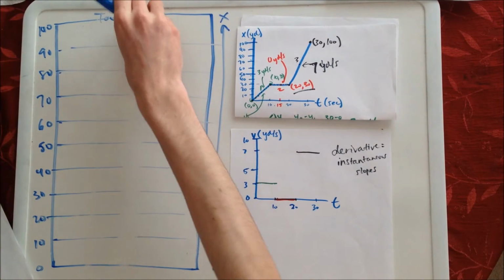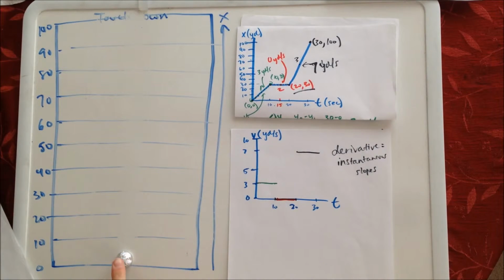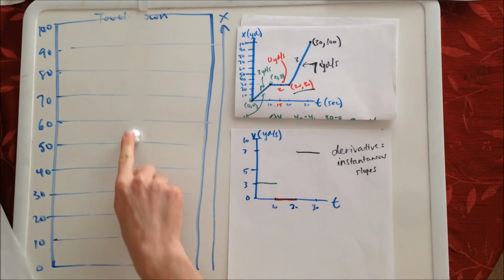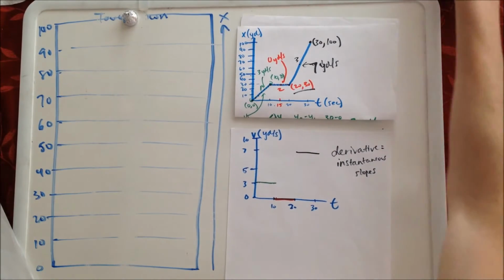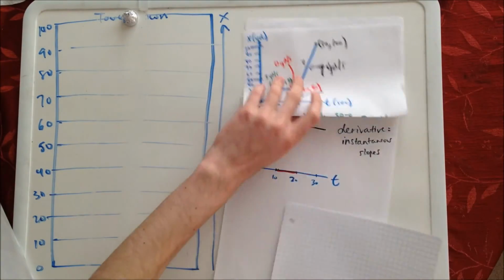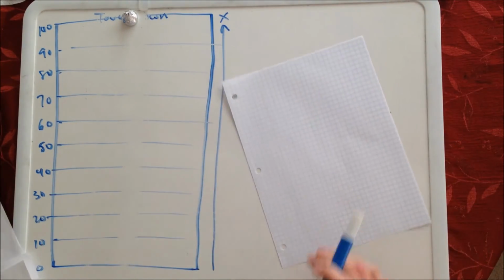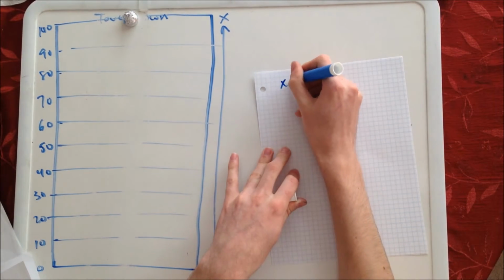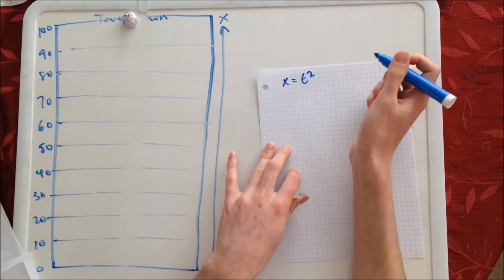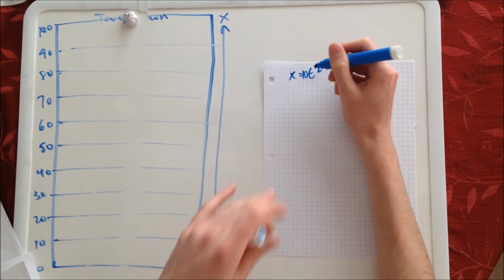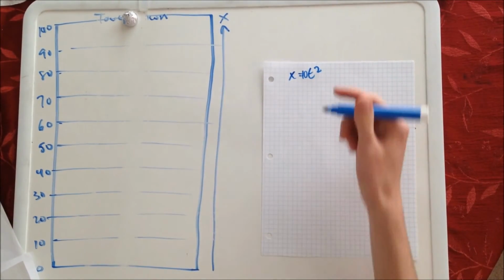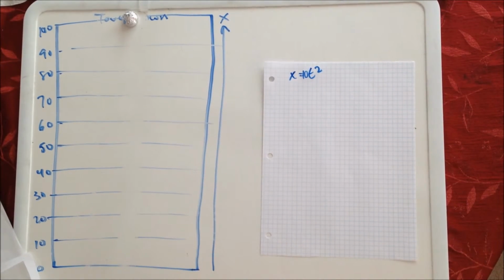So that would be like, imagine the robot moving like this, where it starts very slow and then speeds up, right? That's what the graph of x equals t squared would look like. And I think I'm actually going to make it 10t squared. It's still a parabola. It's just going to be easier to graph out.